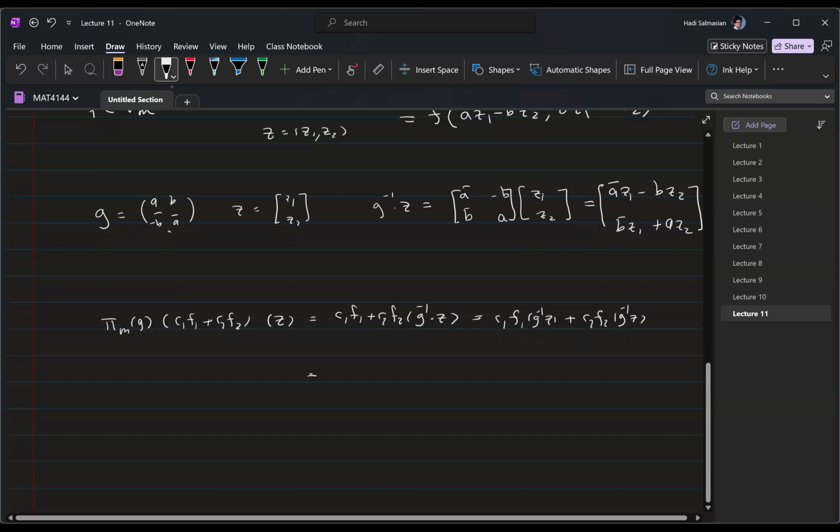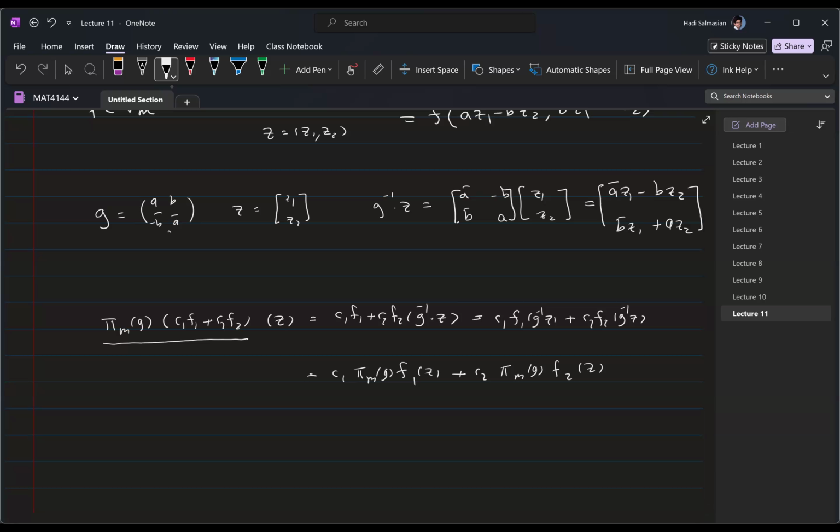And in the end, you just get c1 pi m g f1 at z plus c2 pi m g f2. Okay? So this means that pi m g acting on this is the same as c1 times pi m g acting on f1 plus c2 times pi m g acting on f2. This proves linearity of pi m g. Okay.